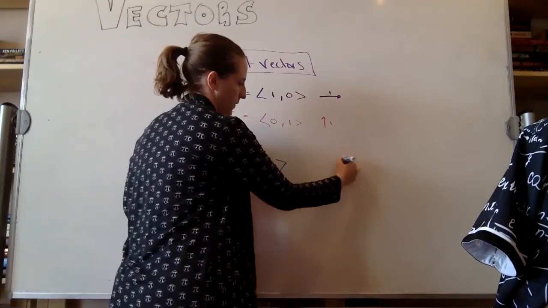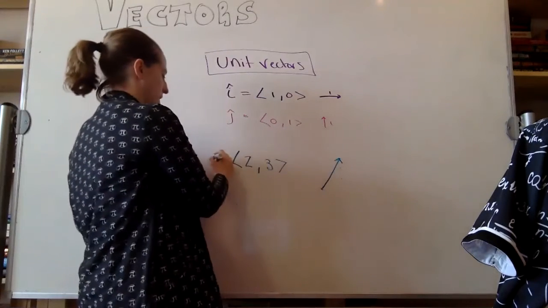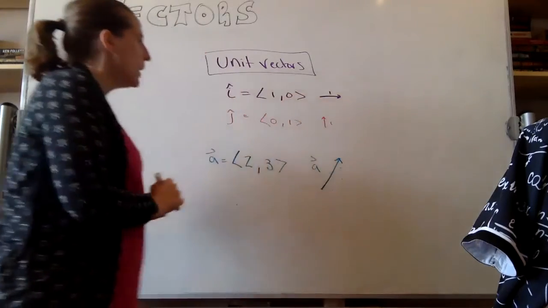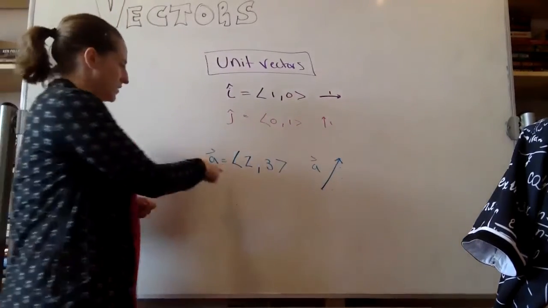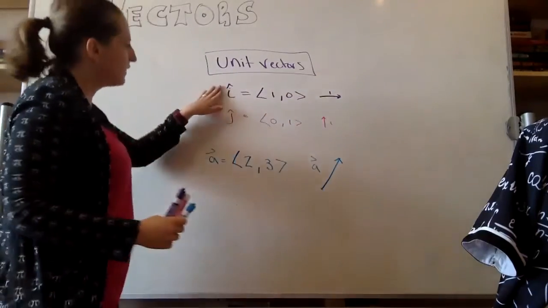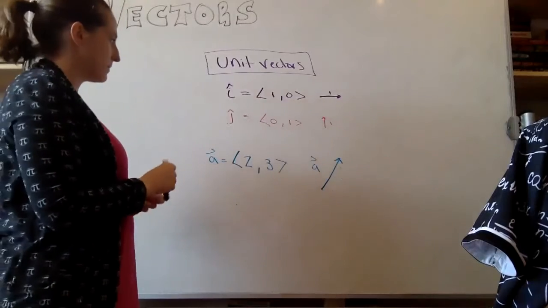So here is this vector, we're going to call it A. I could think of vector A as a combination, called a linear combination, of i hat and j hat. Now, do not overthink this.